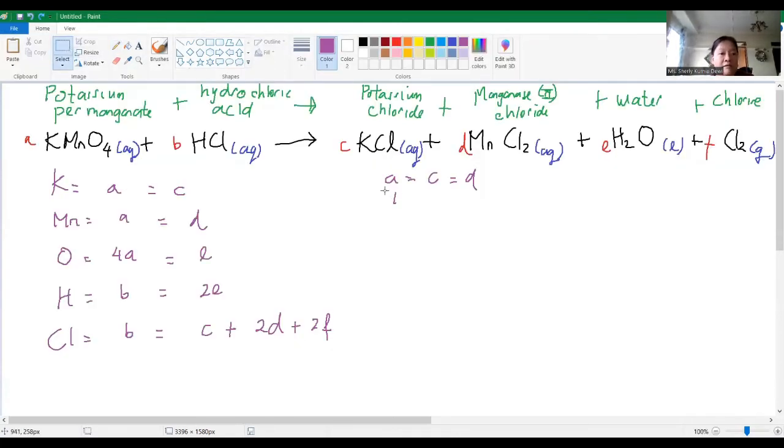Okay, we will make an example here. For example, A equals C equals D, right? So I will replace them with 1: 1 in A, 1 in C, 1 in D. Then, working with oxygen, 4 times A equals E. So E is 4 here.